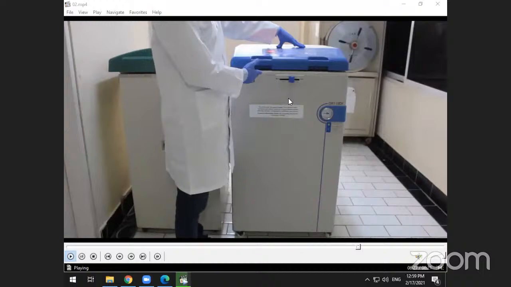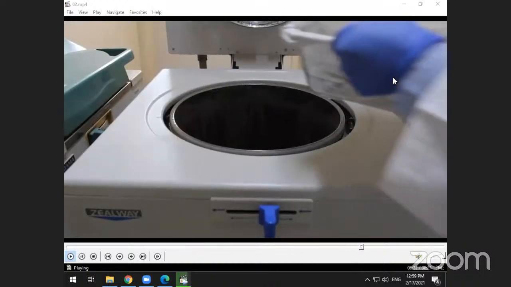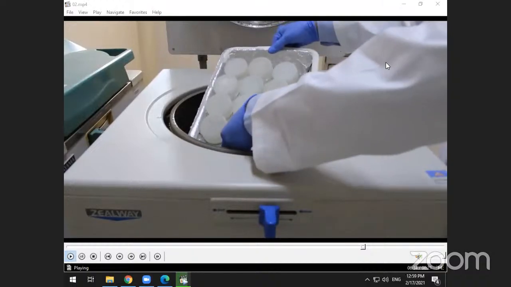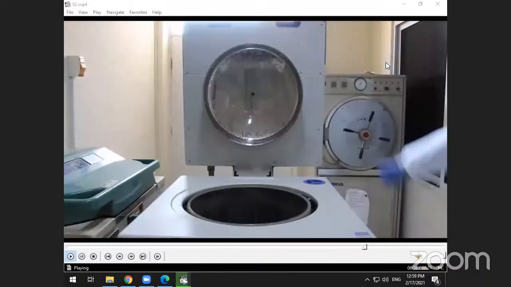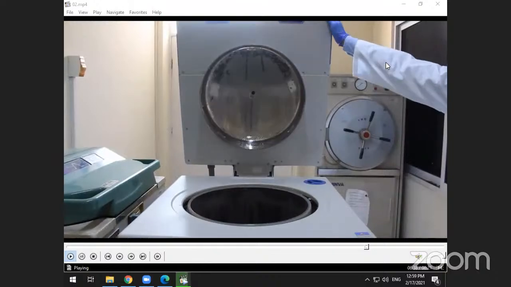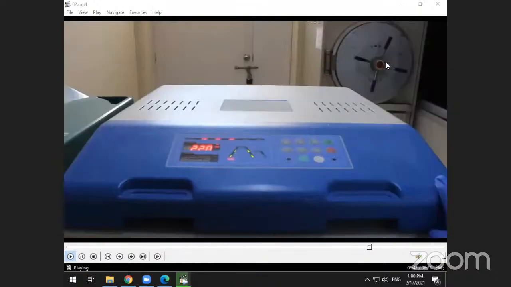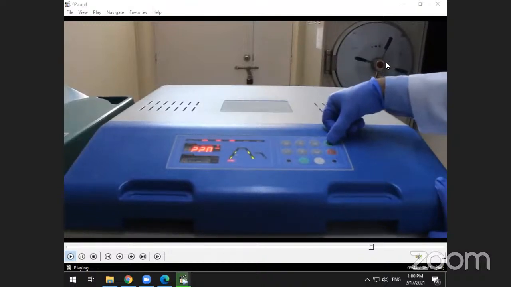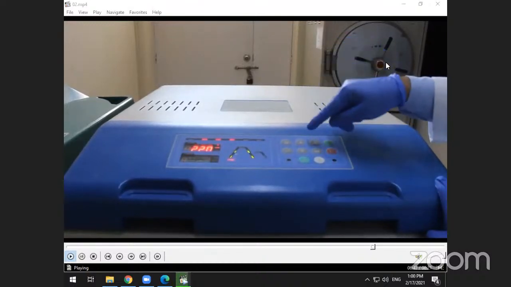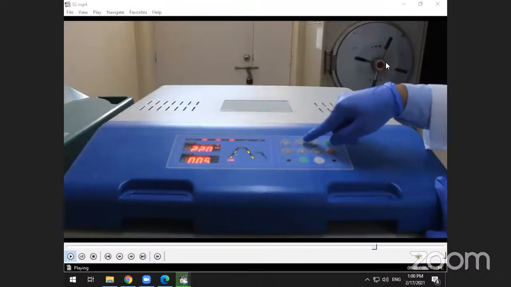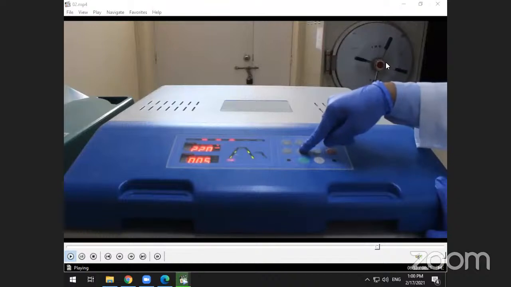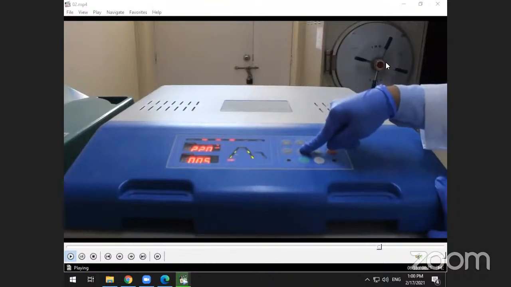Turn on the autoclave and open the lid. Place media jars carefully in the autoclave. Close the lid properly and check the outlet valves. Set autoclave program for 30 minutes at a temperature of 121 degrees Celsius and pressure of 15 psi.